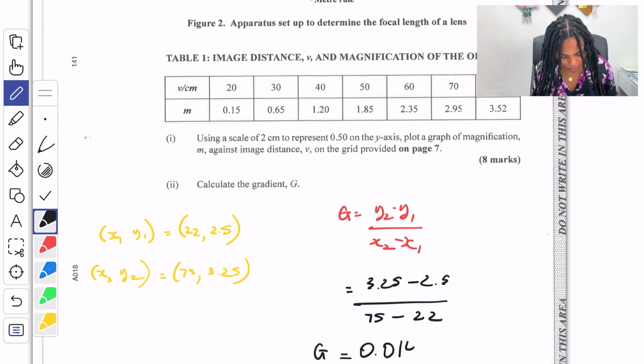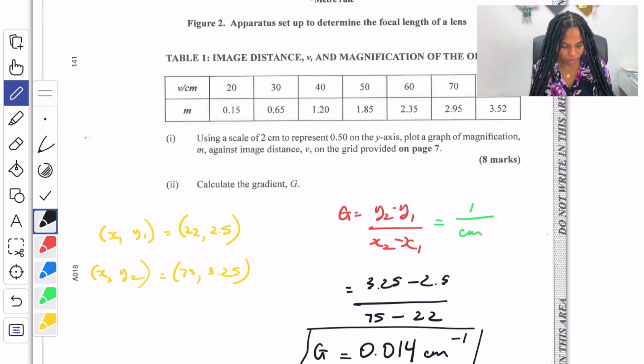And I have to think about the unit. On the y-axis, I have no unit, so I could just put 1 here just for a place filler. On my x-axis, I have centimeters. So when we bring that centimeter on top, it becomes per centimeter or centimeter to the power negative 1. So that's our unit for our gradient.